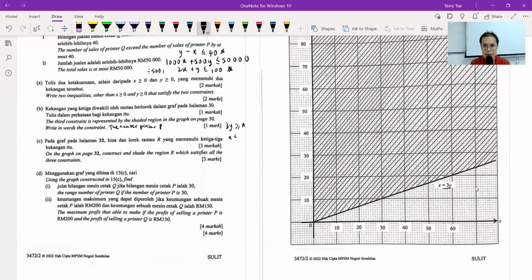So x is less than or equal to 3y. When you read this, you have to start reading from x, so you must change the symbol. Instead of more than, it's now less than.